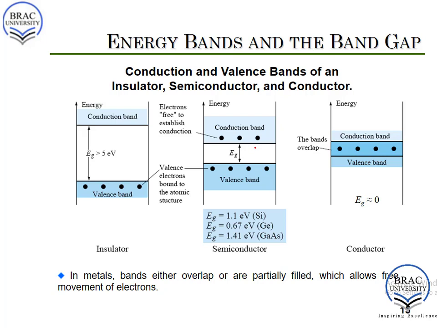This actually gives us some control over the conductivity of a semiconductor. If we want to make it conductive, we can provide energy to make the electrons jump from valence to conduction band, and if we want to make it non-conducting, we can remove the source of energy and the semiconductor will act as a pure insulator.